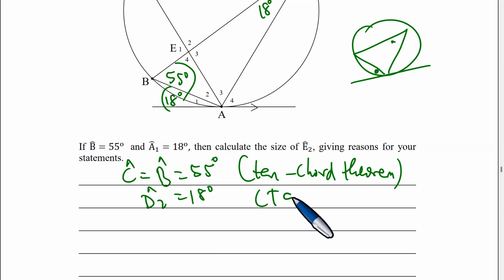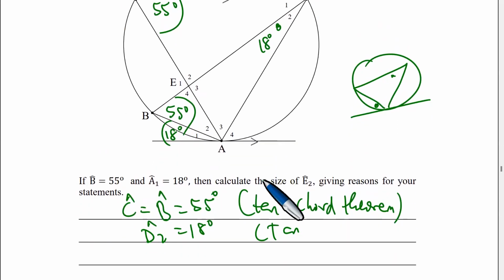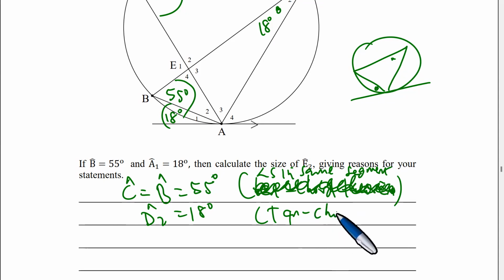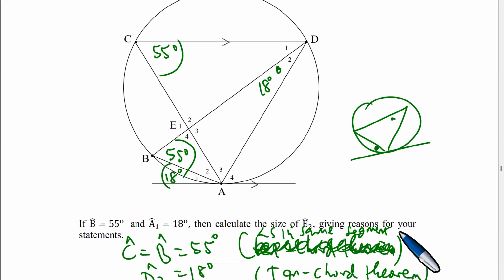For the 55 degrees, the most accurate reason would be to say angles in the same segment. For the second part, it is the tan-chord theorem. So D2 is 18 degrees.